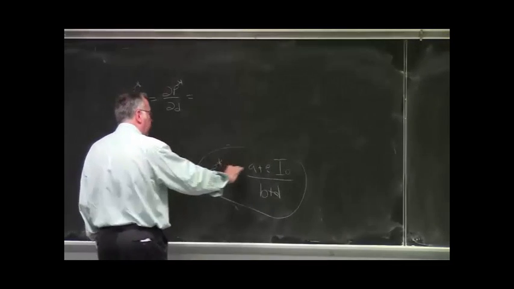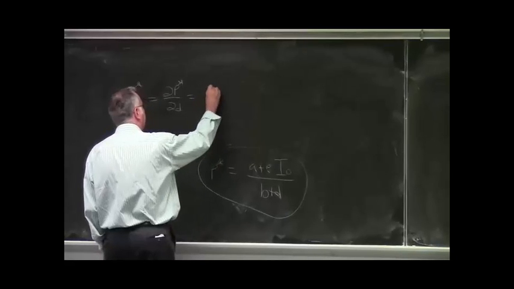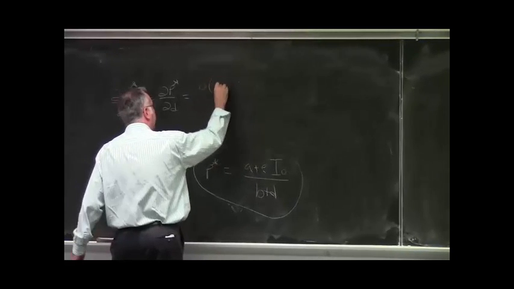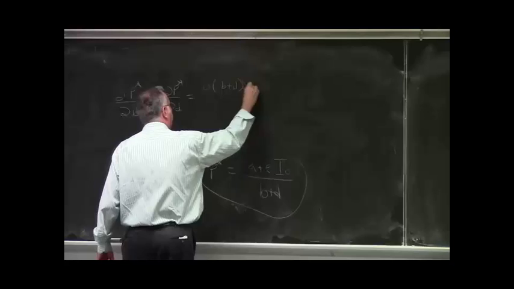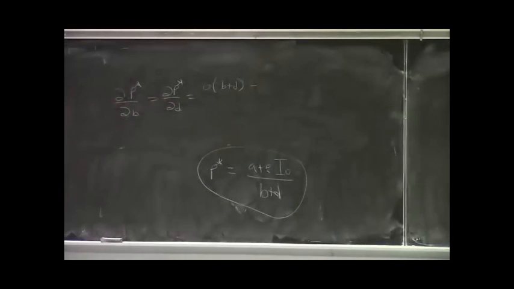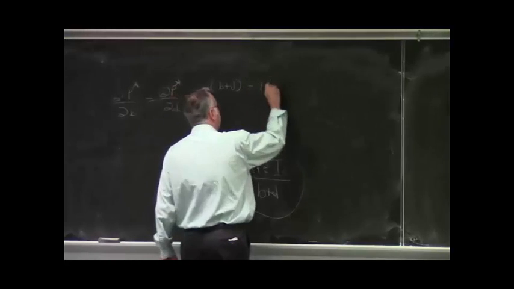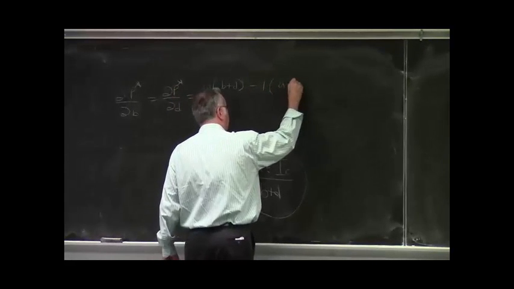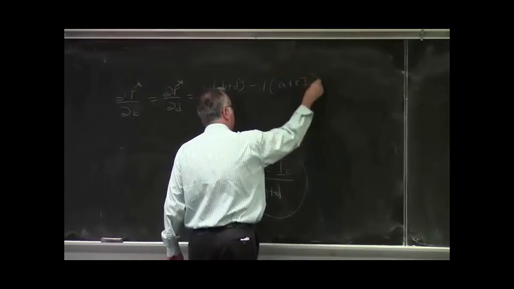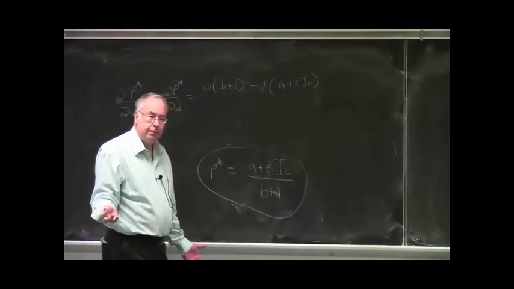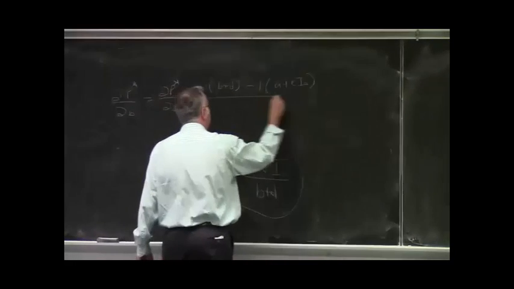The derivative of the numerator with respect to B is 0, times the denominator, minus, yes, the derivative of the denominator with respect to B is just going to be 1 times the numerator, all over the denominator squared.